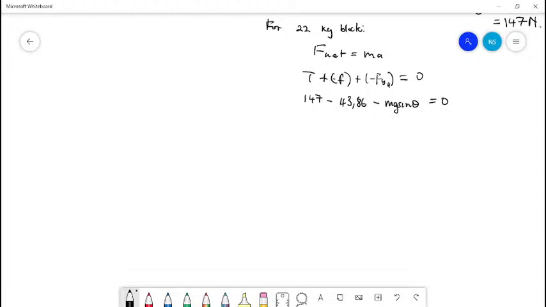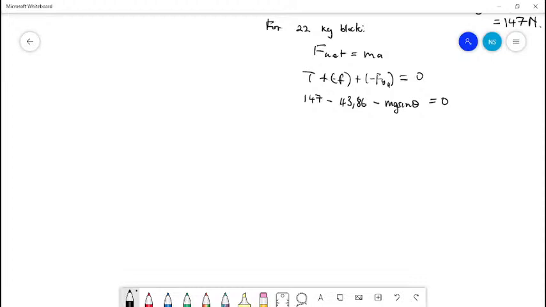And why did I use mg sine theta? Because this question requires us to calculate theta, and I had to come up with something that will make theta part of the equation, and that was my mg sine theta.